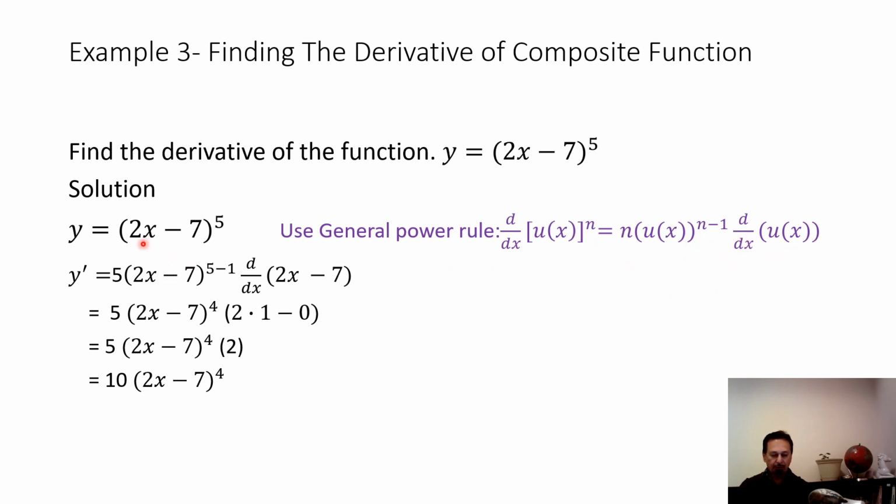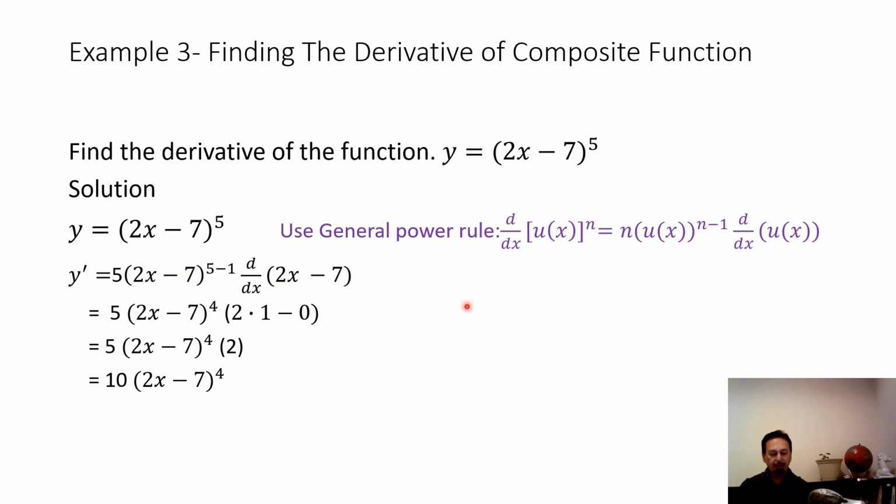Now here u of x is 2x minus 7. So we apply this power rule, so bring the power down 5 and just write 2x minus 7, which is our u of x, and subtract 1 and then multiply d over dx of u of x, 2x minus 7.